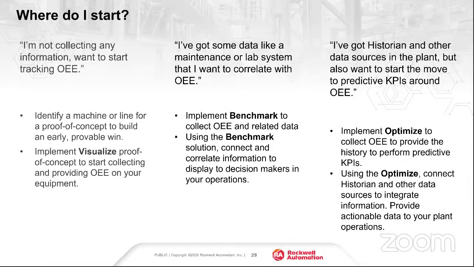So what do I mean by early provable win? Well, you identify a machine, you identify a line, and the whole concept from start to finish, you look at the data, you connect the data, you connect it to a dashboarding tool and an application engine that runs the calculations on OEE and shows them the data.